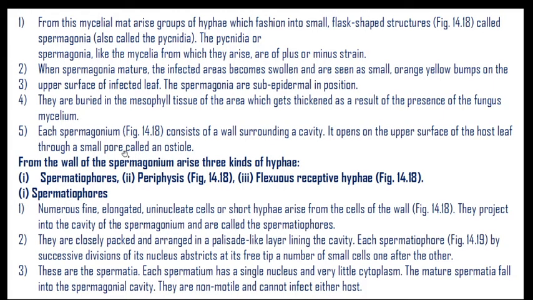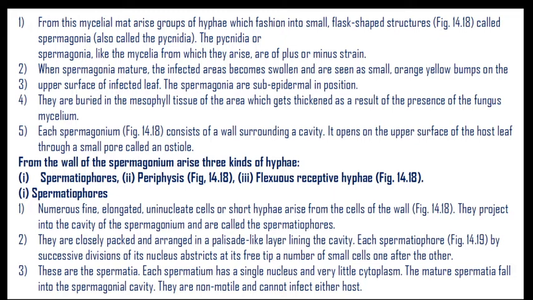and that spermagonium arises with three kinds of hyphae, that is spermatiophores, periphyses, and flexuous receptive hyphae. So here is the barberry plant which has a fungal infection of Puccinia graminis.